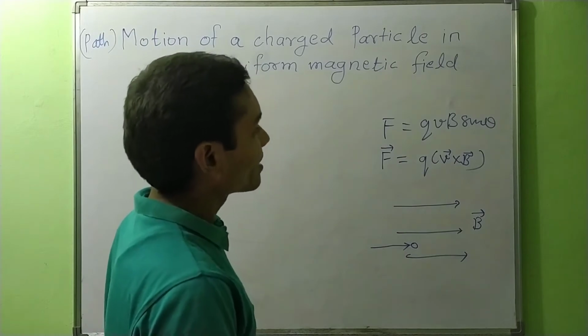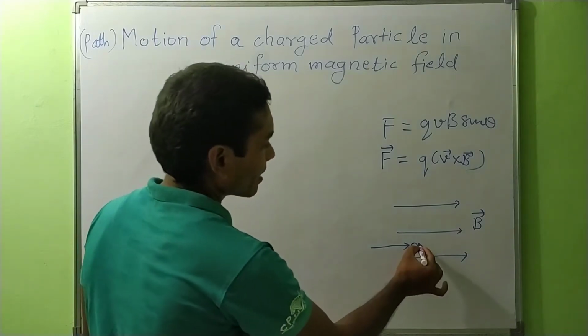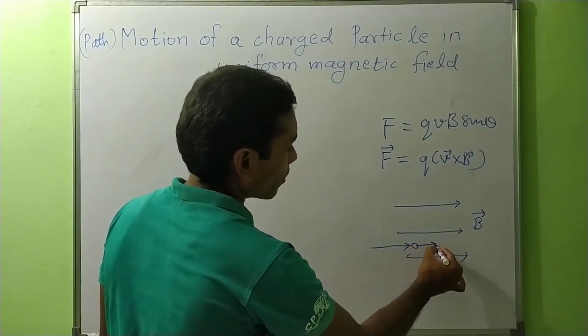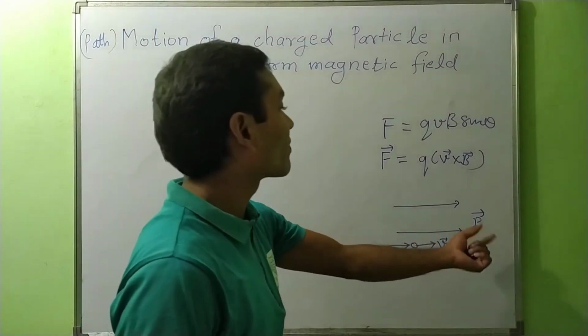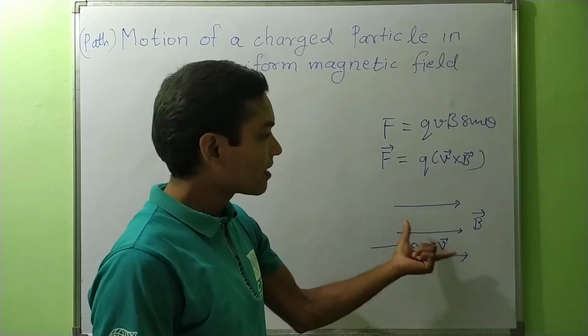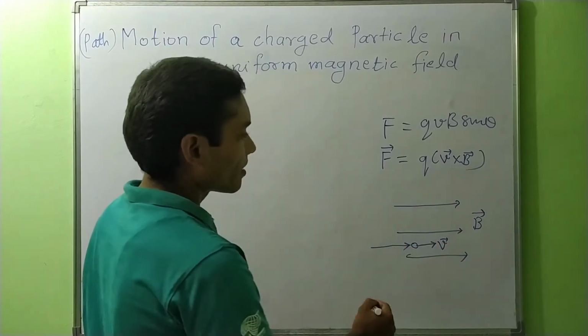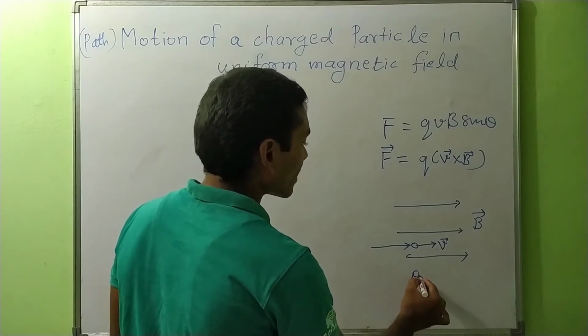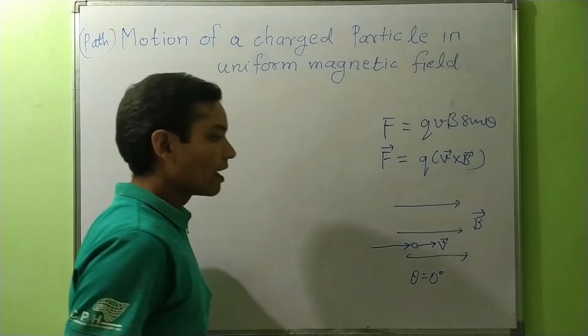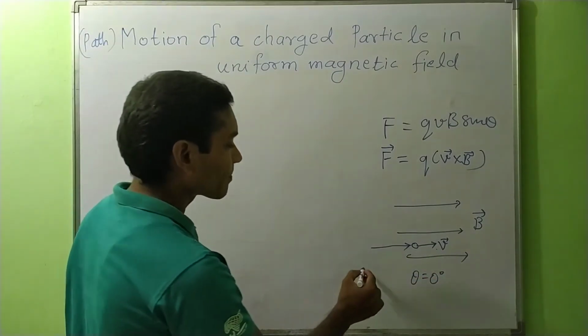We had studied that the direction of velocity and the direction of magnetic field are the same in this region, meaning the angle between V and B is 0 degrees.